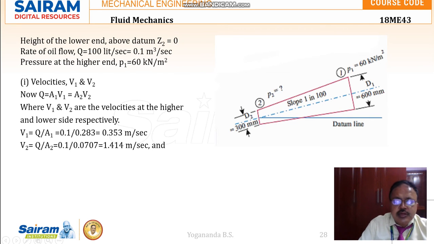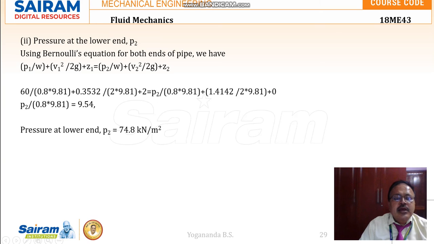Now it is asked to calculate the pressure at the lower end, P2. P1 is given. So taking the help of Bernoulli's equation at both the ends of the pipe, we have pressure head plus kinetic head plus datum head. The sum of the three heads is taken on both the sides. So P1 is known, substituting that.